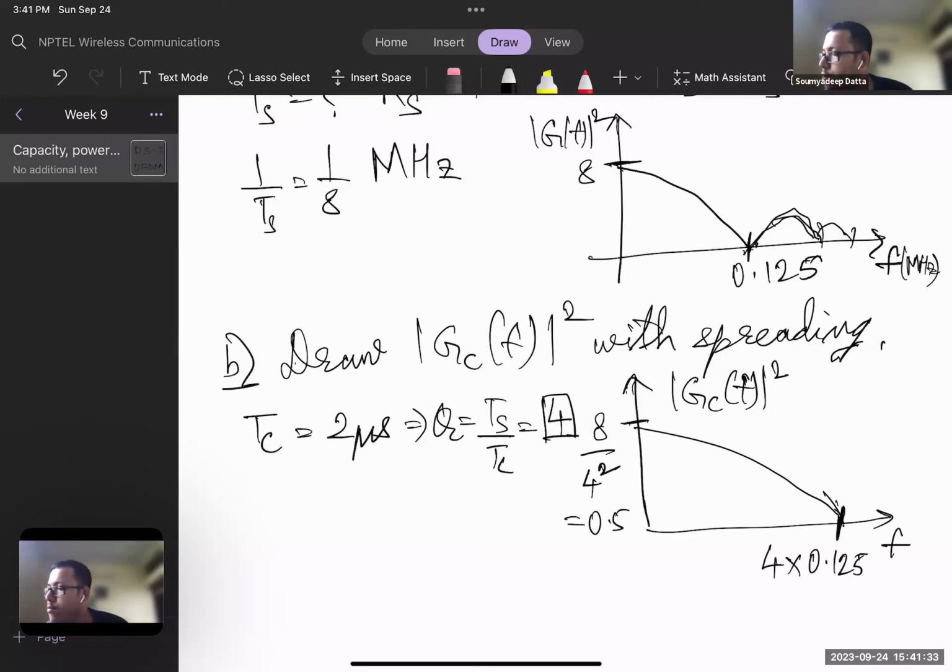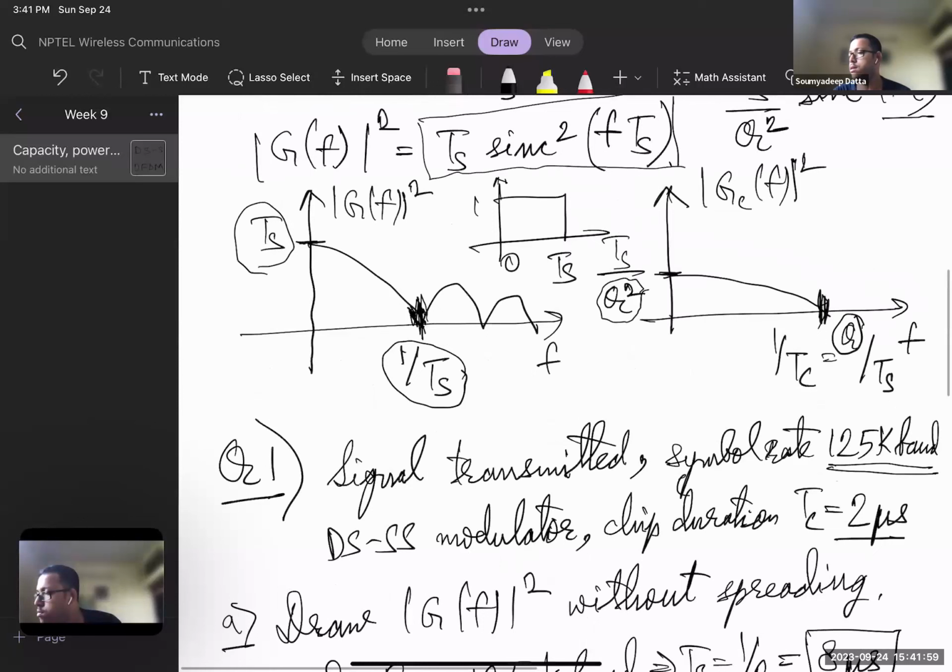So I hope this is clear, because I just discussed the theory that you have to find out Q essentially, and then your amplitude falls by Q square, and your first crossing point is multiplied by Q. So Q, we found out Q is this. This is the factor that is chosen. Q is Ts by Tc, symbol time by chip time.